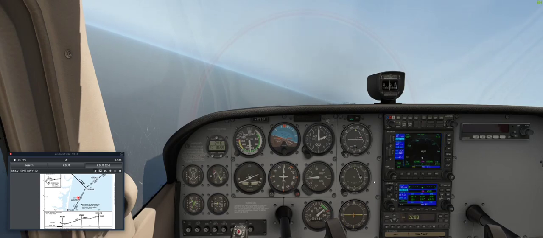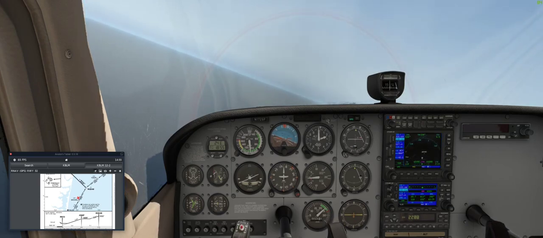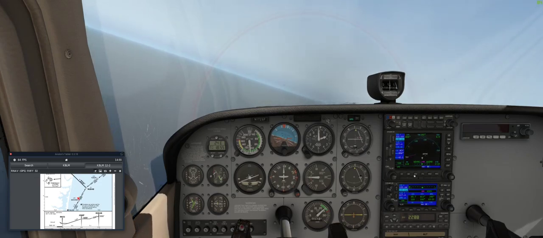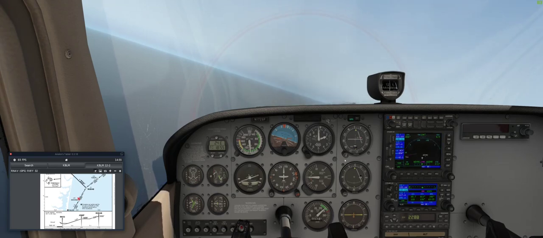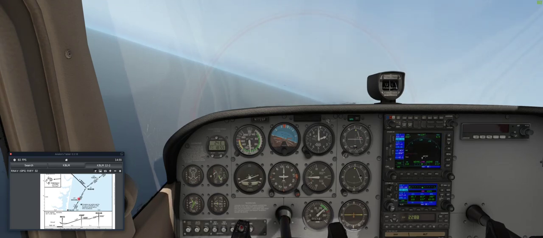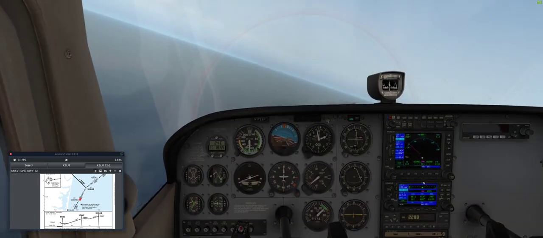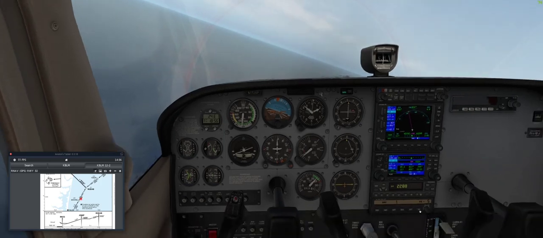It's telling us to set our course to 36. To what? And we need to go down. Down to 1700, right? No, we don't go down here.